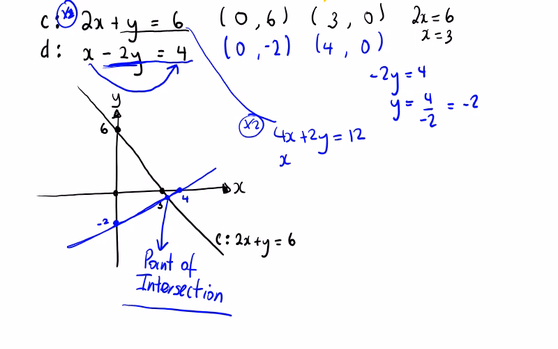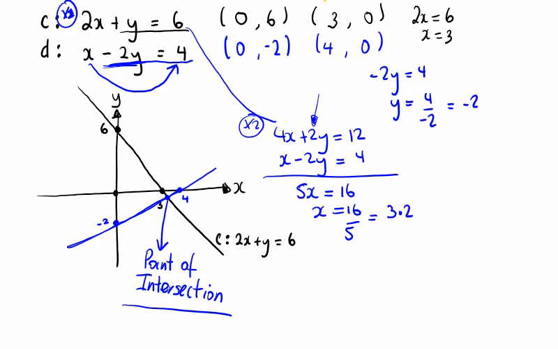And I write the second line underneath, x minus 2y is equal to 4. Because we now have the same coefficient for y, we can combine the two lines or add them together, and we're going to get 5x is equal to 16. So x is equal to 16 over 5, and if we decimalize that, that's 3 1/5 or 3.2.